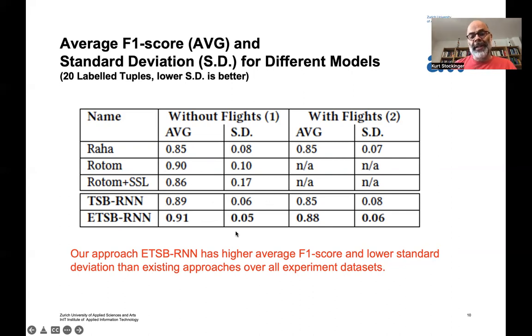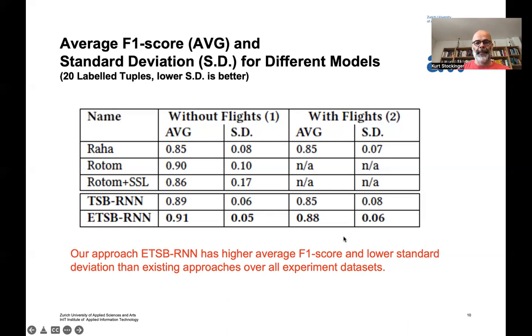What is also important, our approach has a lower standard deviation, and standard deviation is basically an error rate, right? So we have a lower error rate across all these data sets, which means that our approach is a bit more robust than the existing ones. And we see the advantage of the F1 score both for the data sets with flights and also without the flights.